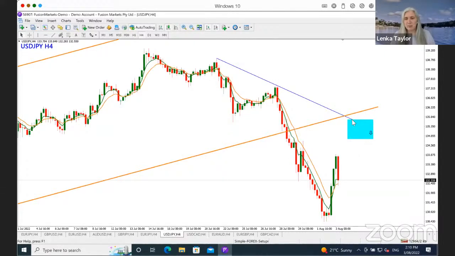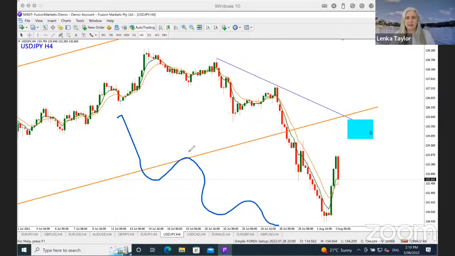Again, I would like to see the price action a little bit higher up, closer to the trend line. Otherwise, I always like when the price action goes sideways for a bit, because most of the time when a price trends, it trends in a fashion like this.